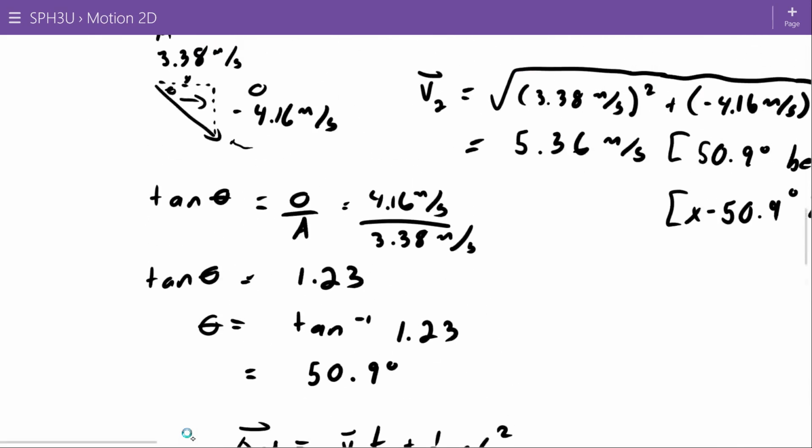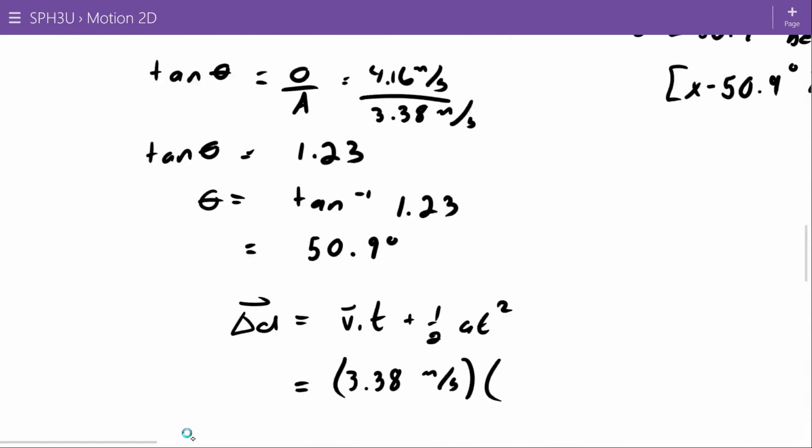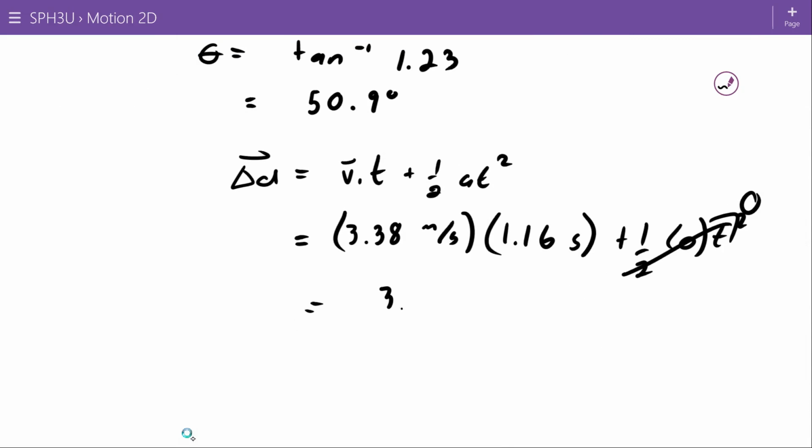My time, 1.16 seconds. Plus 1/2, my acceleration is 0, t squared. So this whole term, if there's a 0 in it, goes to 0. So I just have to multiply those two things. I got 3.94 meters.